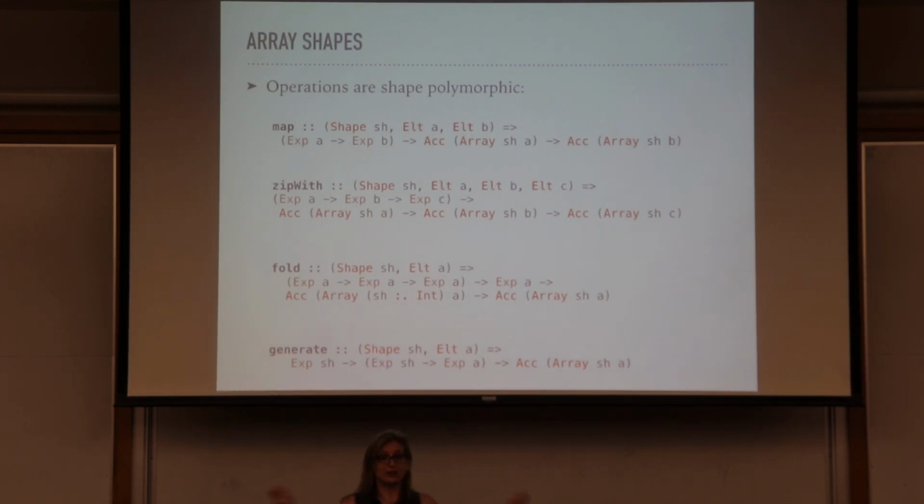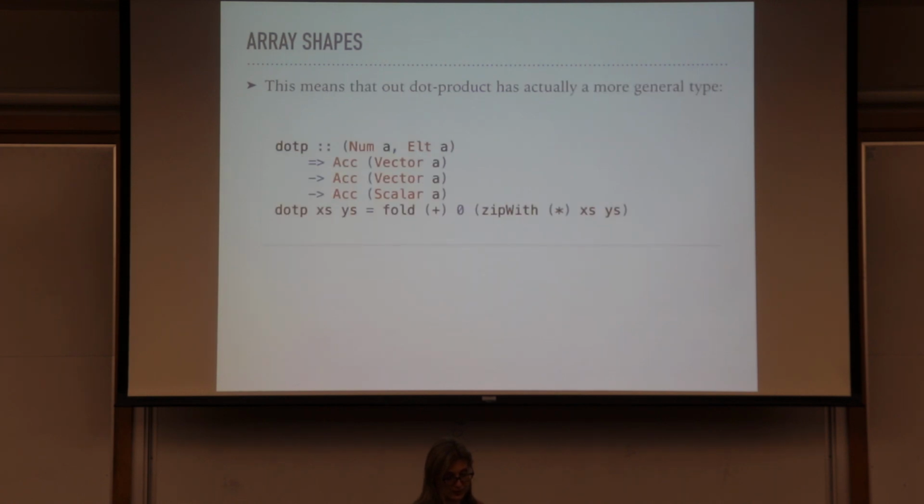So you can create a vector of size 10 by just applying more or less the identity function, which takes the index and returns it. But it's pretty powerful because you can do a lot of things with it.